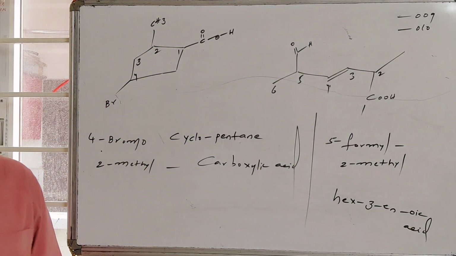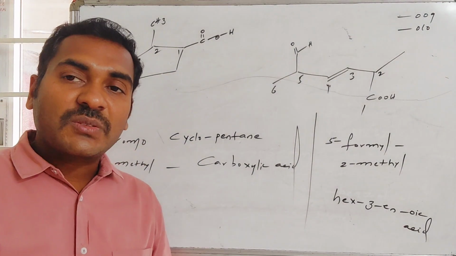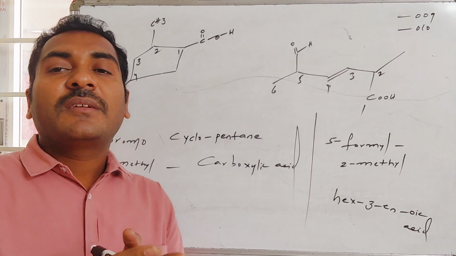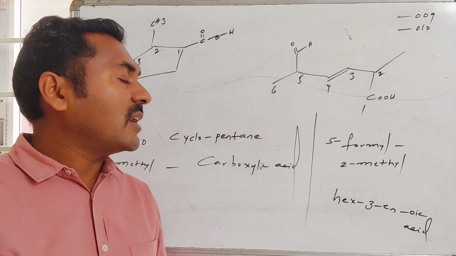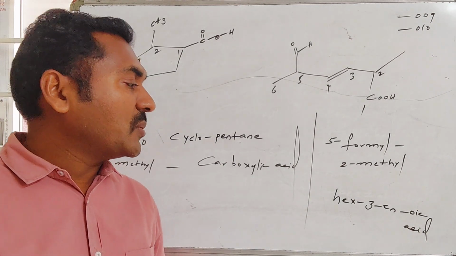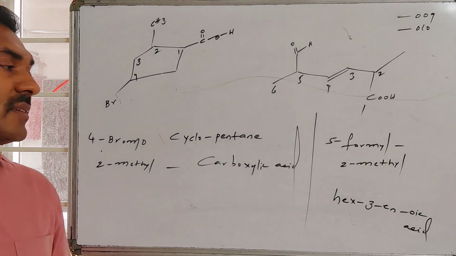So the name of the structure provided for us is 5-formyl, in alphabetical order followed by 2-methyl hex-3-enoic acid. That is the name of the compound.